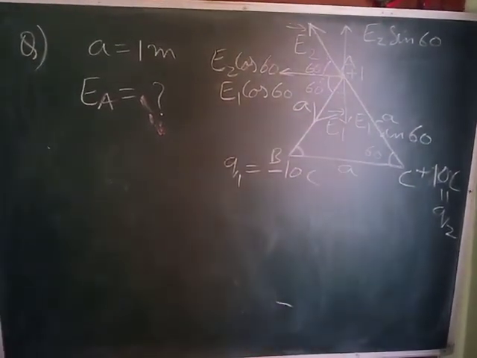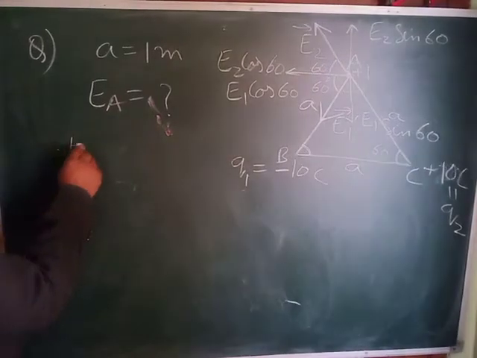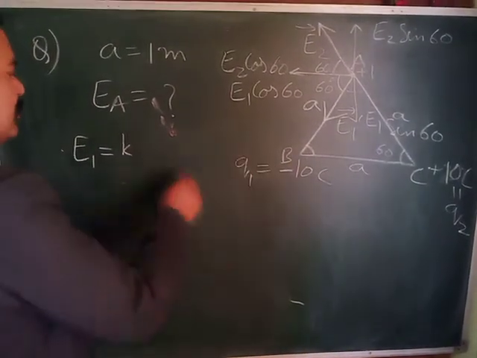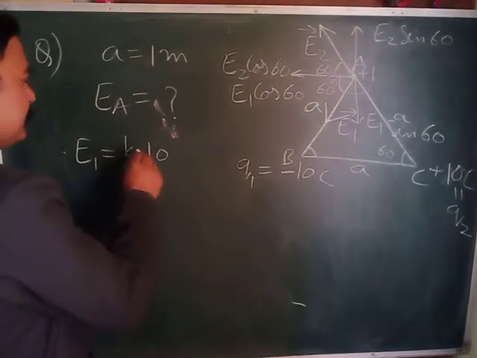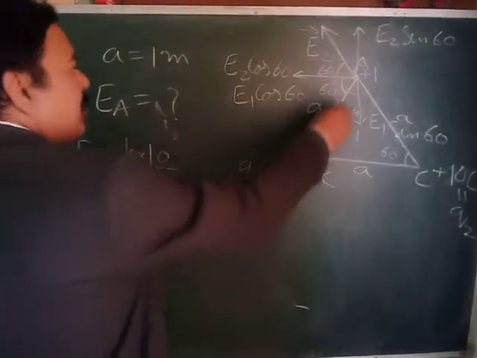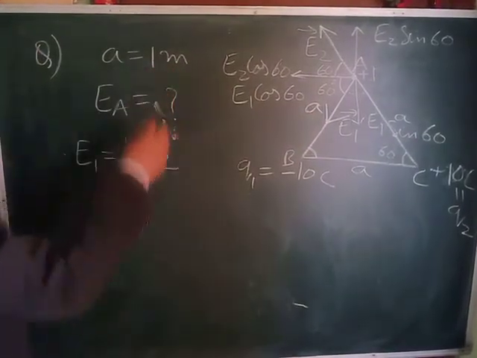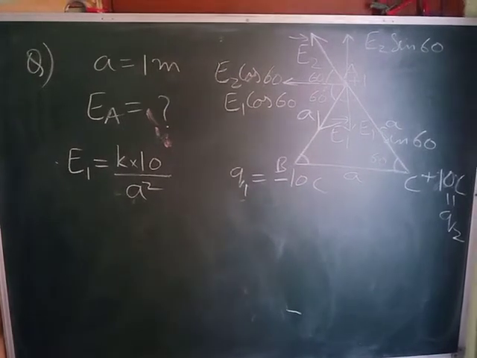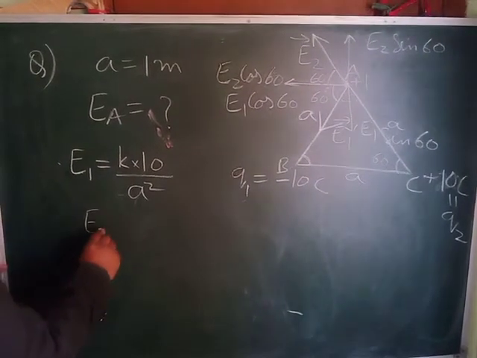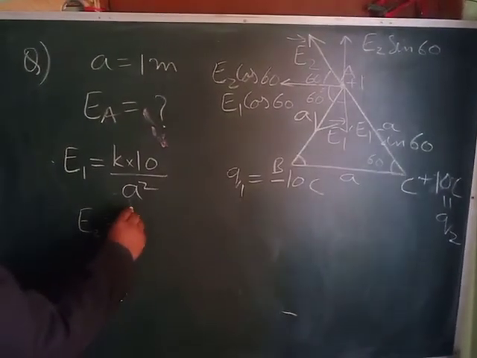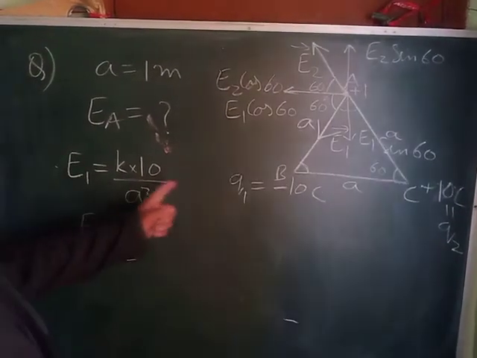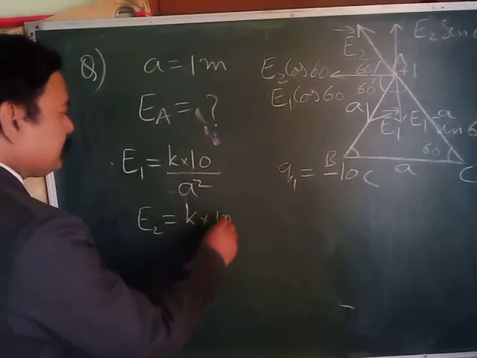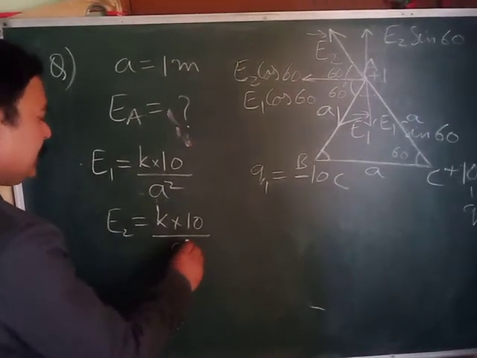Now let us find the magnitude of E1 and E2. E1 is K times Q, which is 10, upon distance A. But A is 1 meter, so we can write A. And E2 is again K times Q, which is again 10, upon A square.